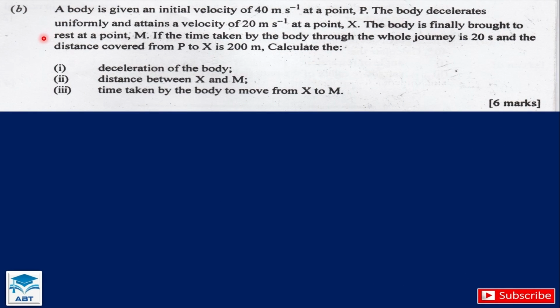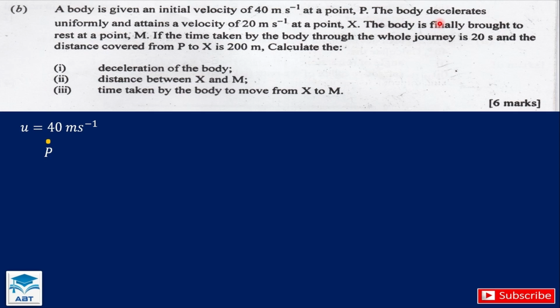Now, the B part of the question. A body is given an initial velocity of 40 meters per second at a point P. So let's say we have a point P here, and the body is given an initial velocity of 40 meters per second.